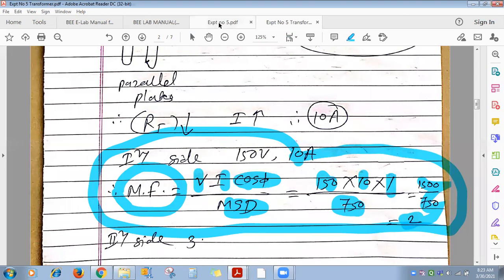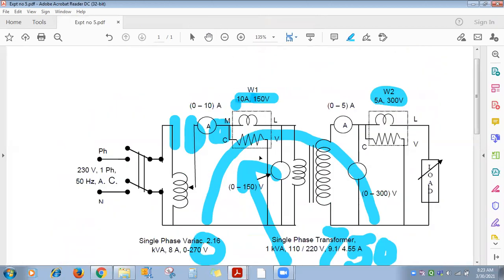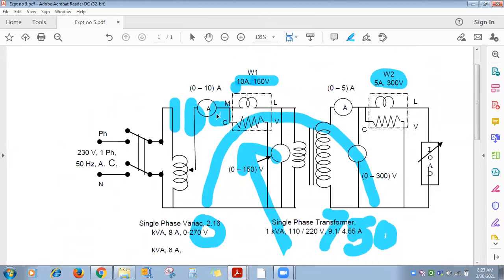If the pointer is on 100 watt for W1, the actual reading is 100 into the multiplying factor, that is 100 into 2, which is 200 watt. Now for W2, it is 300 volt and 5 ampere.